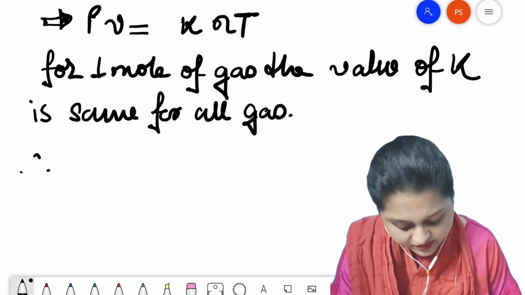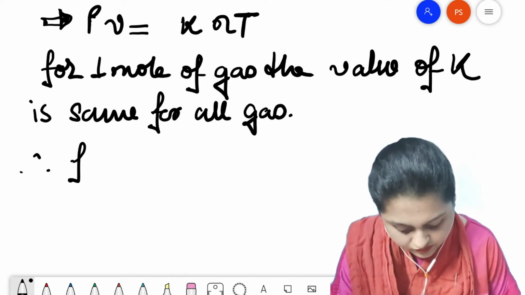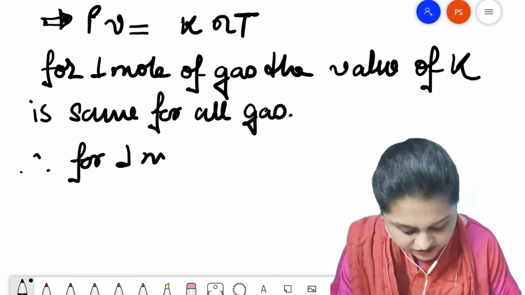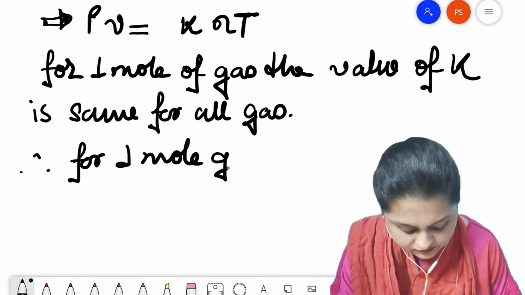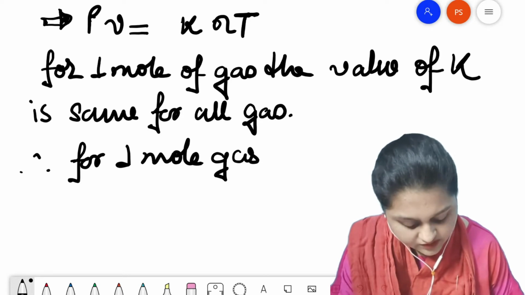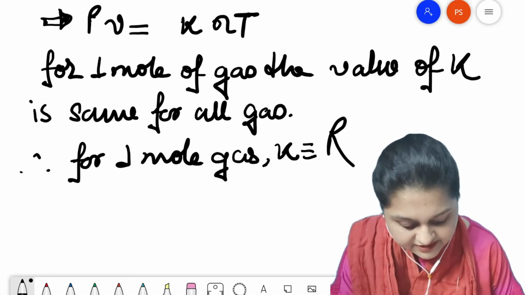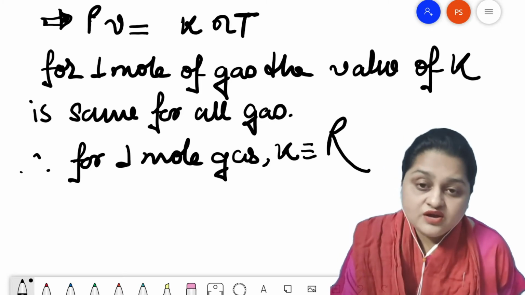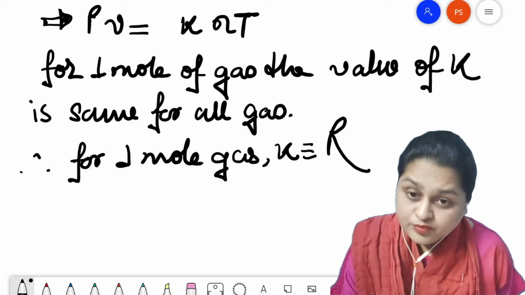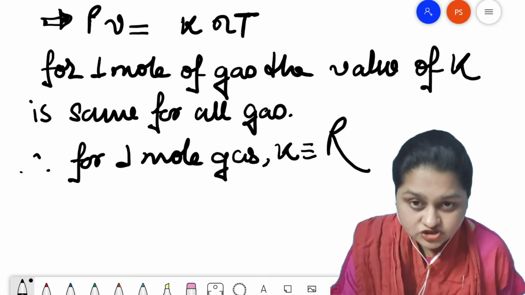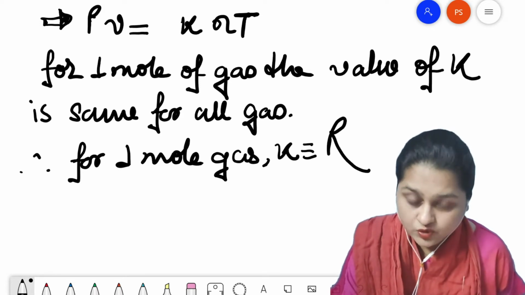Hence, for 1 mole of gas, the proportionality constant K is represented as R, which is known as the molar gas constant, or universal gas constant.